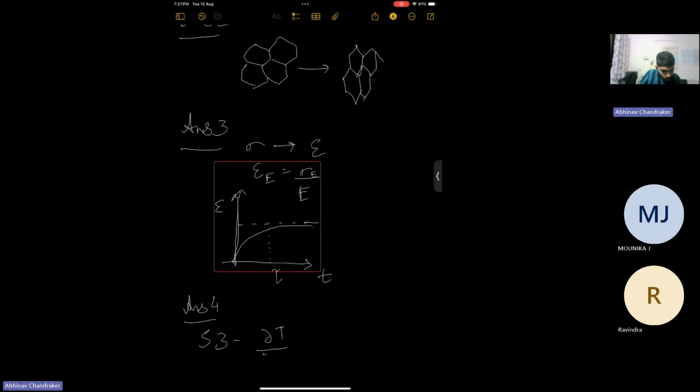So dou T by dou epsilon at constant entropy, S refers to entropy, is equal to minus Vm alpha Et by Cv.